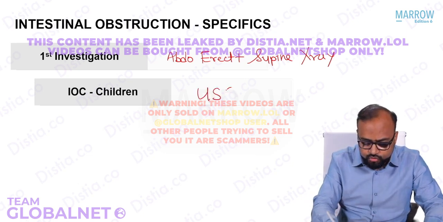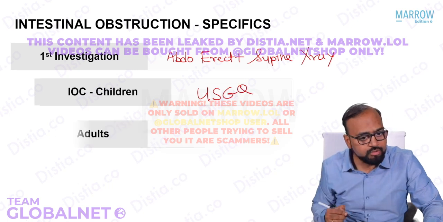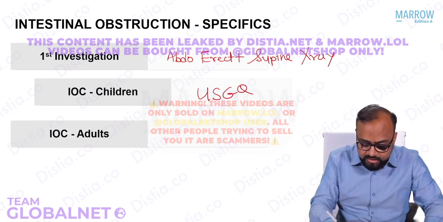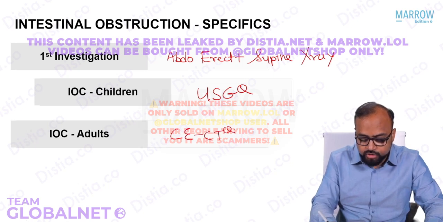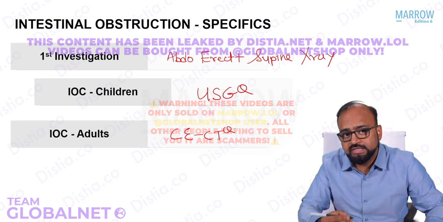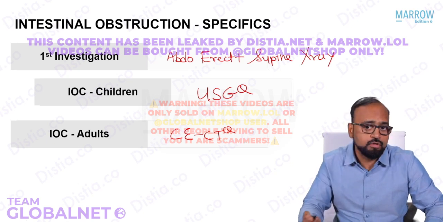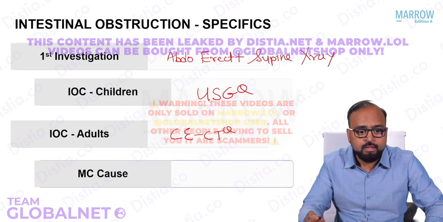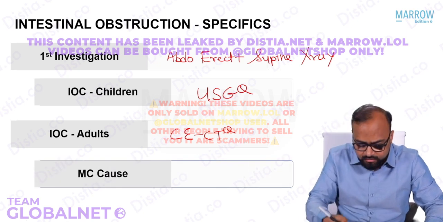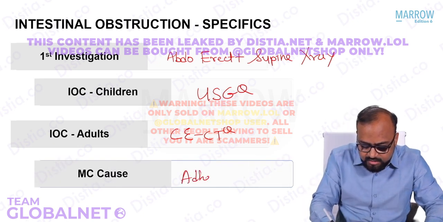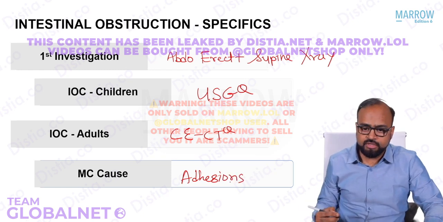So the investigation of choice in children is ultrasound. Whereas the investigation of choice in adults becomes contrast enhanced CT, because it not only shows us whether there is obstruction or not, it also tells us what could be the underlying cause for that particular obstruction. The most common cause of obstruction which is found is adhesions, right? So adhesions is the most common cause for intestinal obstruction.